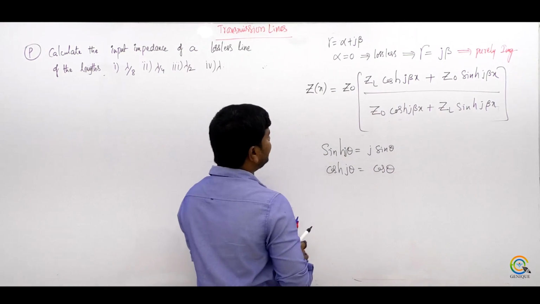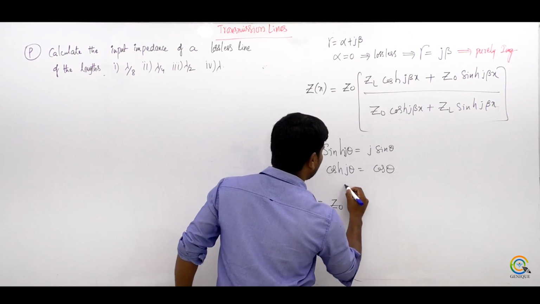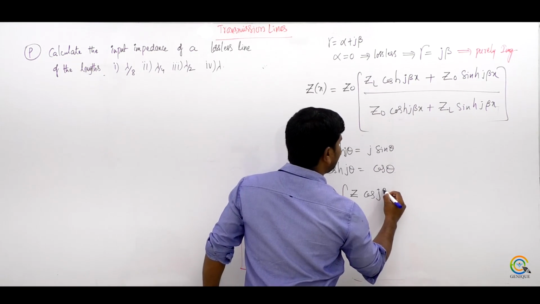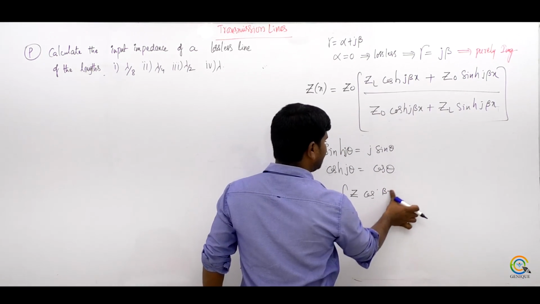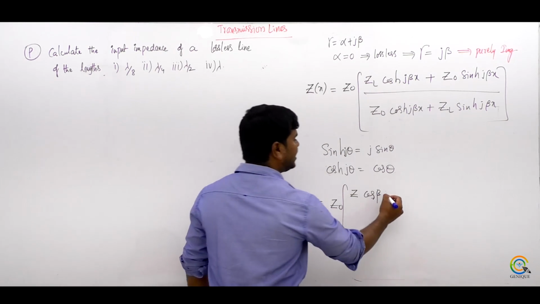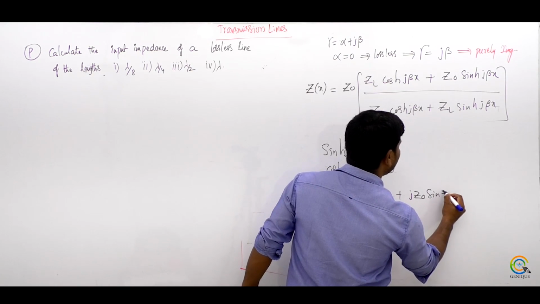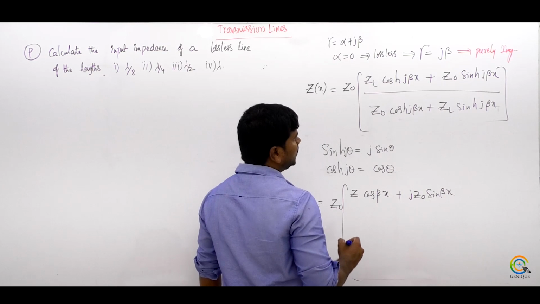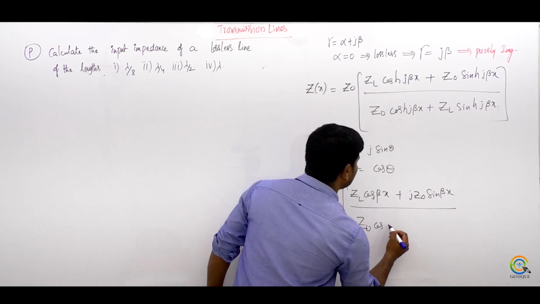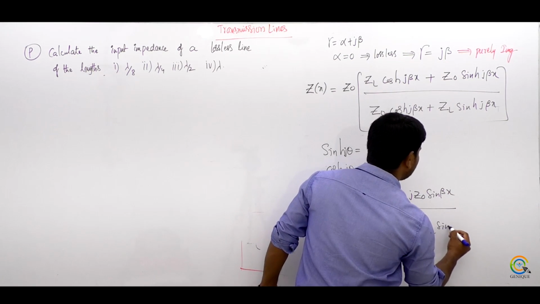If you know this, the entire thing is the same. So from this, z of x is equal to z naught into (ZL cos beta x plus j z naught sin beta x) divided by (z naught cos beta x plus j ZL sin beta x).